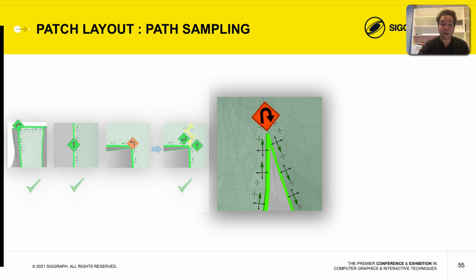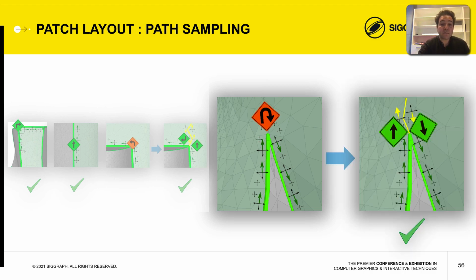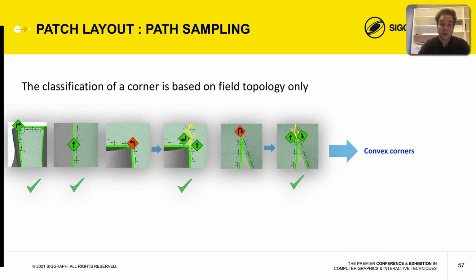Similarly, for a pointy corner, we can simply add one feature line to get two straight lines. So with this simple set of rules, we can obtain convex corners from the initial feature layout. Notice that the classification of the corner is purely based on field topology and requires no geometric test.